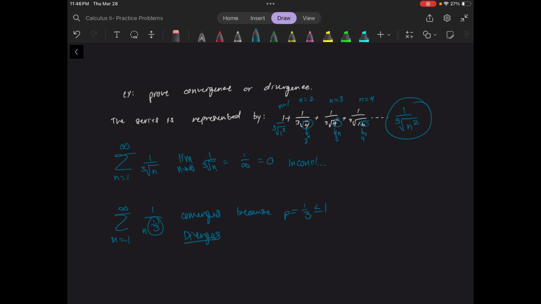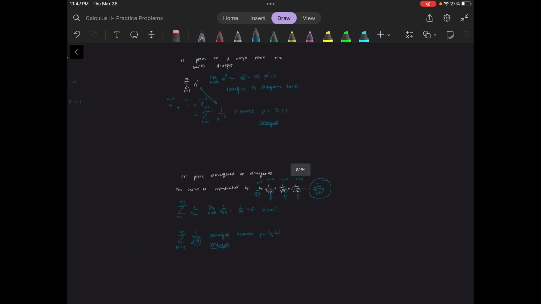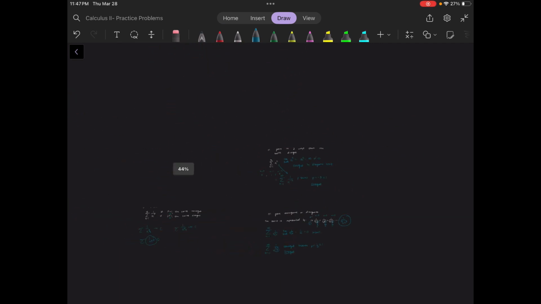So we should always look at these 4 things first when we're given a series. Unfortunately, for the rest, the next 5, 6, 7 videos will be a bit tougher, and we're going to have to strategically choose a test that will allow us to determine if the series converges or diverges. But that is an intro to infinite series, right? Not too bad.